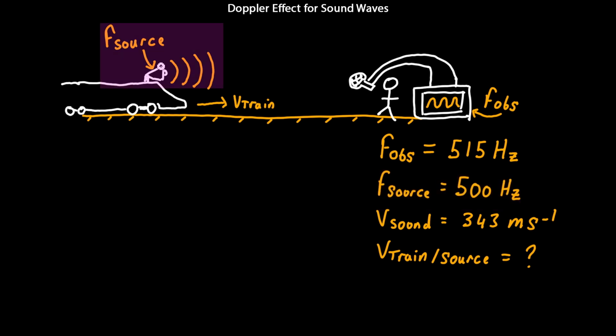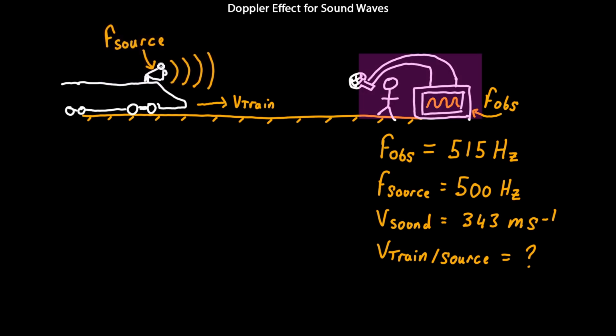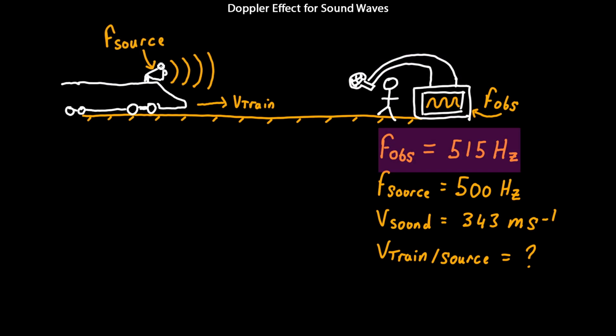But if the source of sound is moving away from the stationary observer, the frequency from the observer's point of view will decrease. We'll see how this works visually with a simulation in a minute.